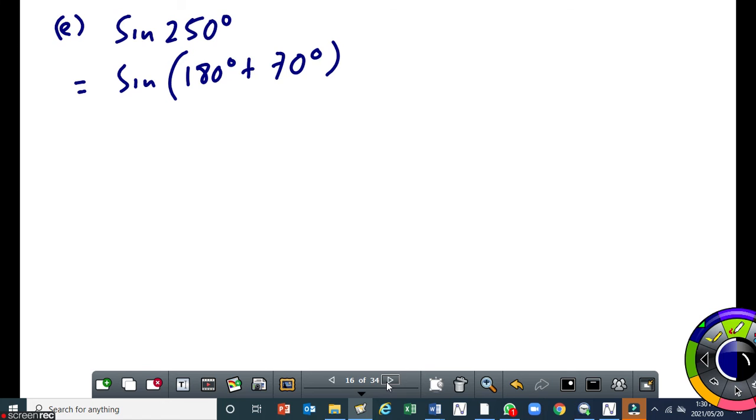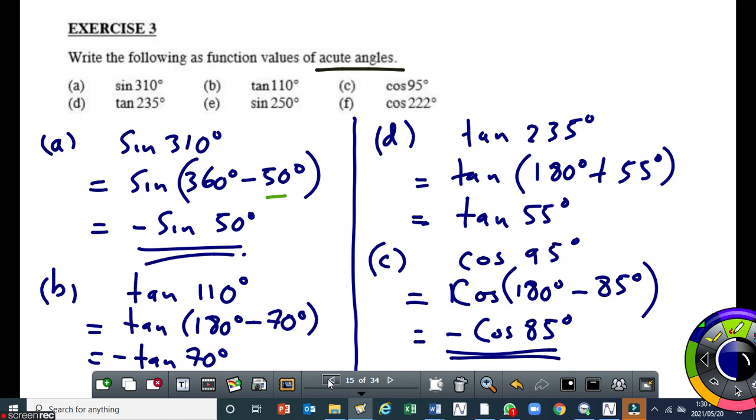This is the answer that you got, the cos 85. Then you convert the minus sine to 85 degrees. We can even write this using sine, but at this stage, I don't want to use the co-ratios.